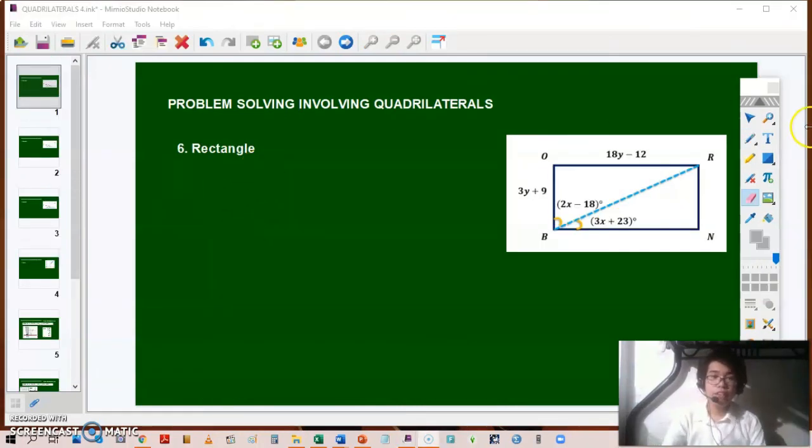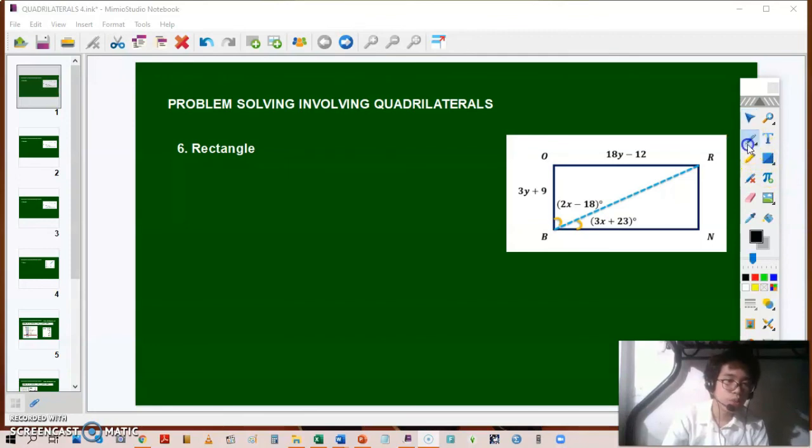So we have here our sixth problem, the rectangle. We have here rectangle BORN, B-O-R-N, and we want to find the measurement of angle X and angle Y. This one is going to be easy, guys. The perimeter here is a given.